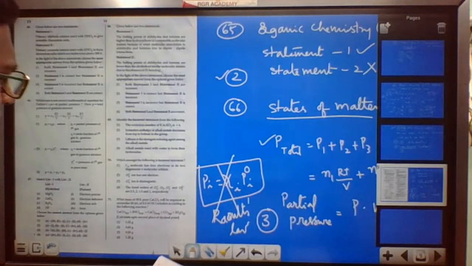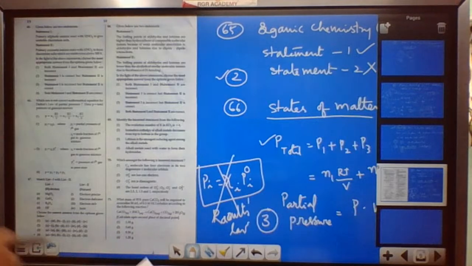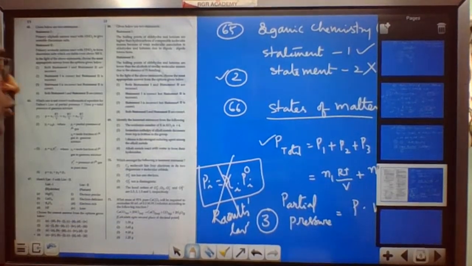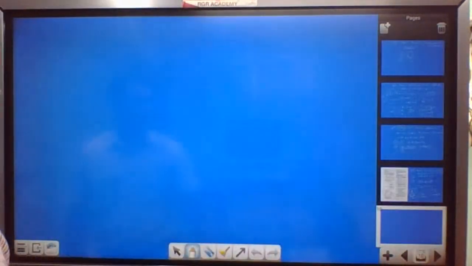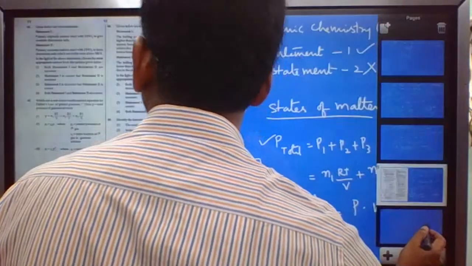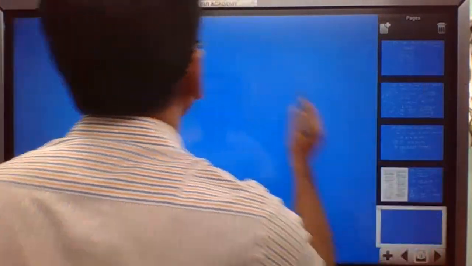Most of the questions I have seen in this paper are statement type questions as well as matching type questions. Let us go to the next question. Match list 1 with list 2. This is given from hydrogen and its compounds, question number 67.